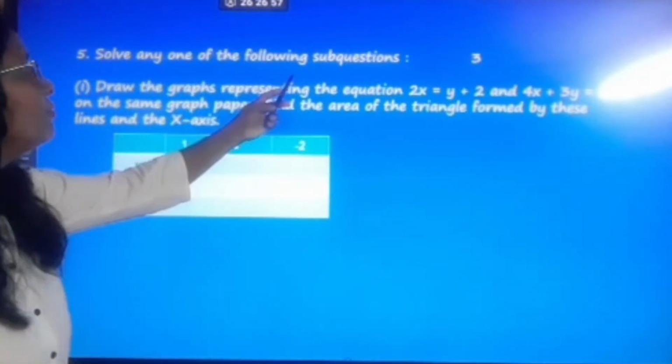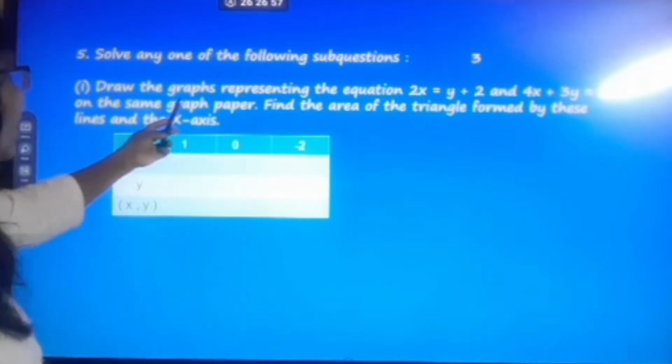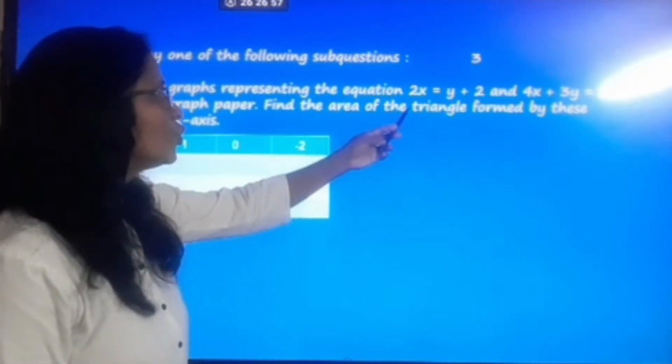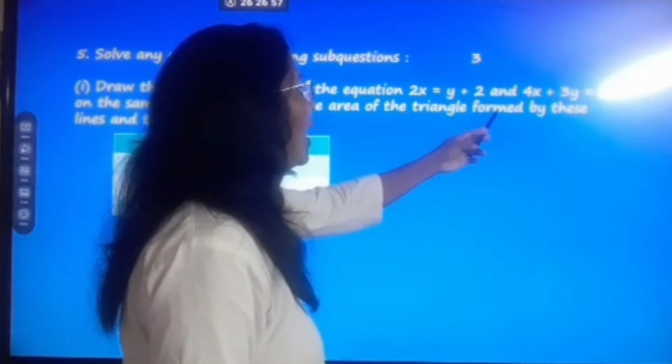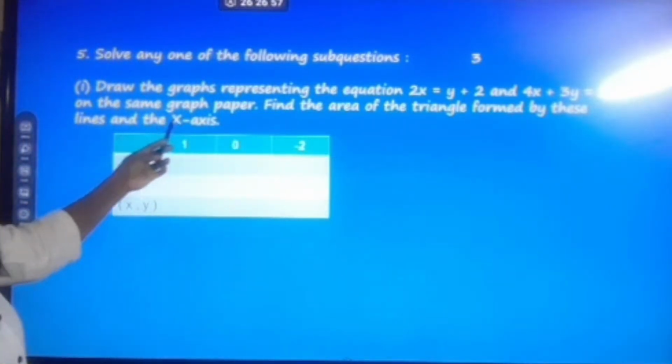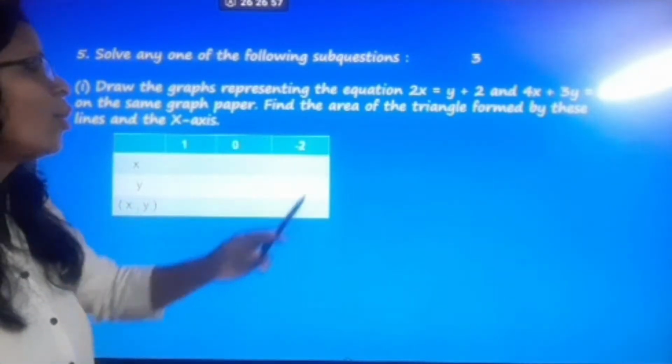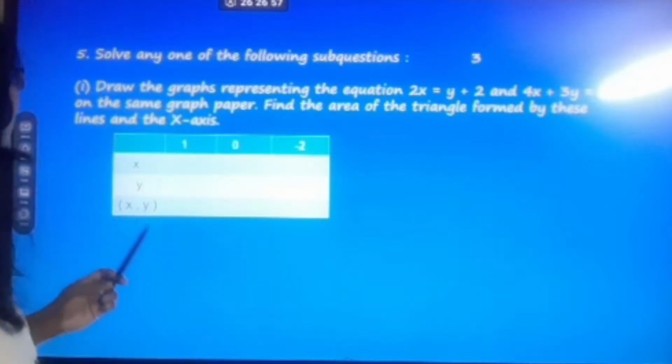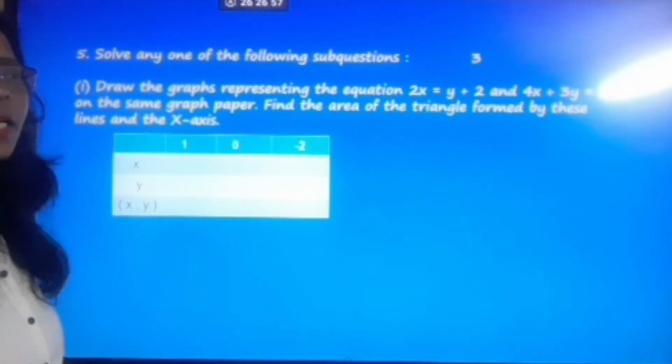Solve any one of the following sub-questions. Draw the graphs representing the equations 2x is equal to y plus 2 and 4x plus 3y is equal to 24 on the same graph paper. Find the area of the triangle formed by these lines and the x-axis.